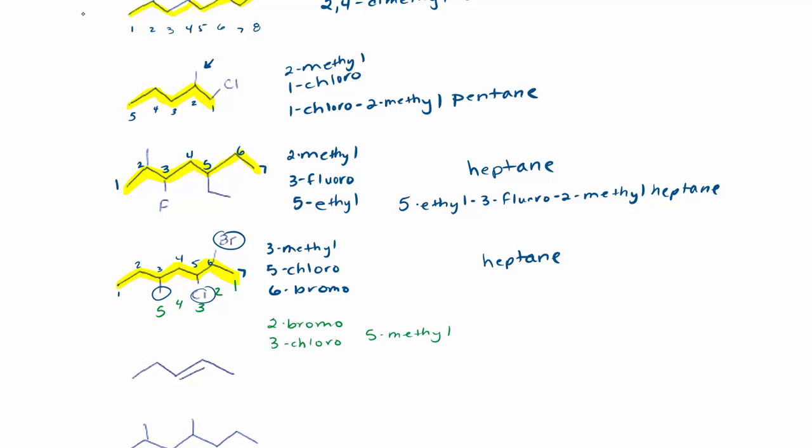Now, because the green numbers, these numbers down here at the bottom, are less than the original numbers, my blue numbers, although we still have a heptane, I'm going to number the substituents this way, from the right. So we put this in alphabetical order. We end up with 2-bromo, 3-chloro, 5-methylheptane.